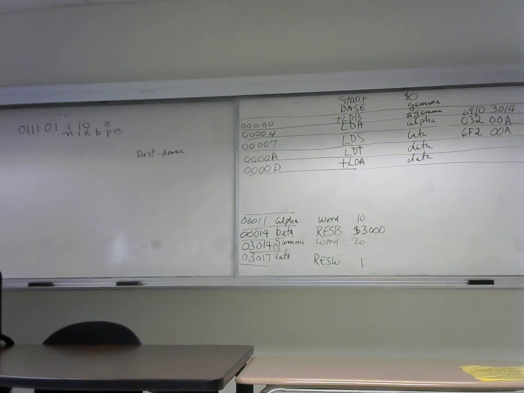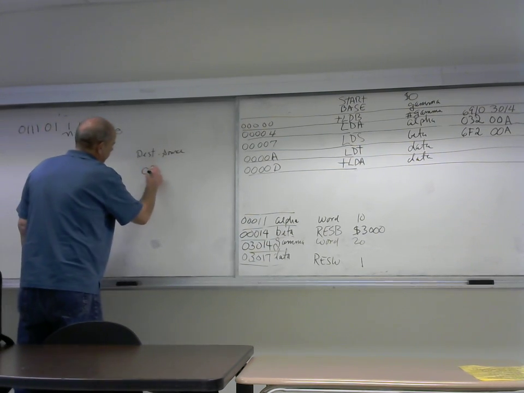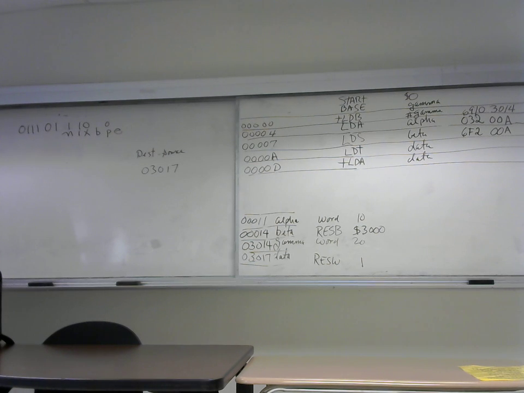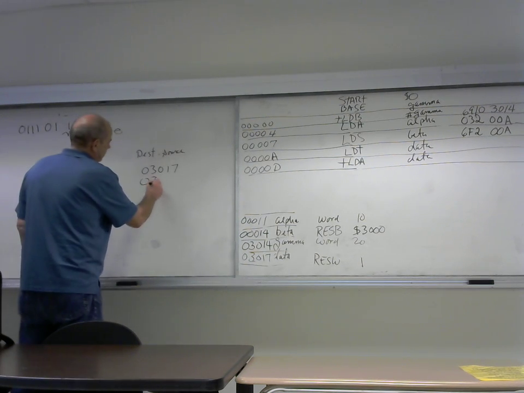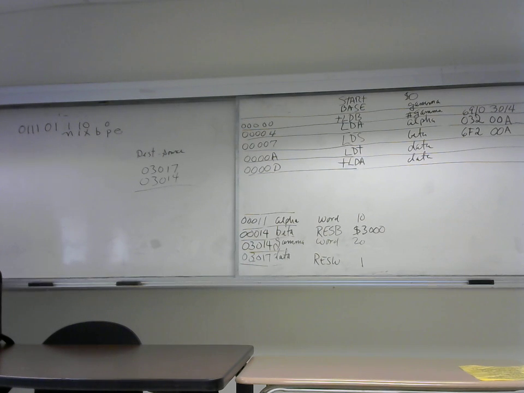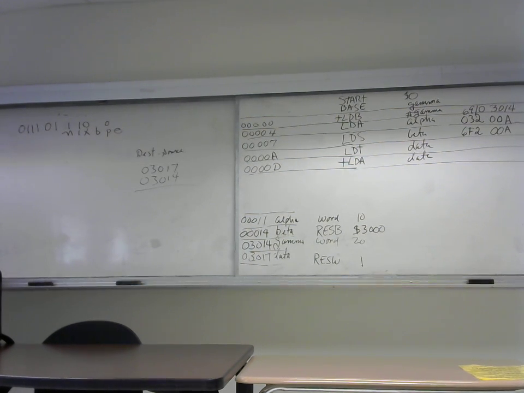So where are we going? Data. And what's the source? Gamma. So what is the offset? 3. It says go forward 3 bytes from gamma.